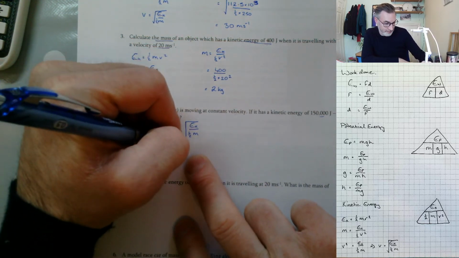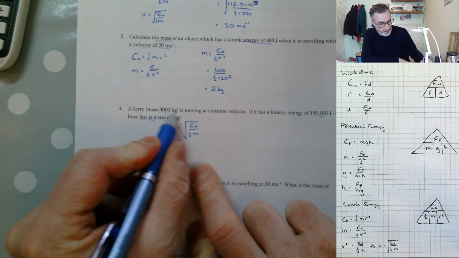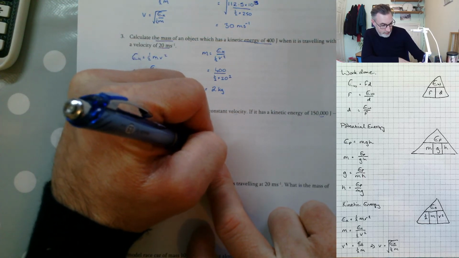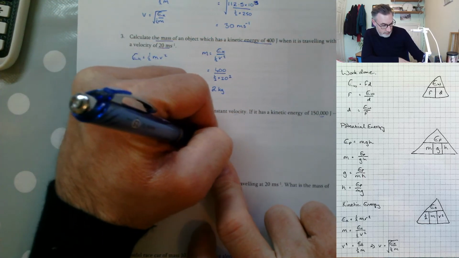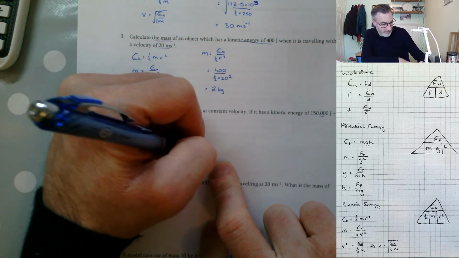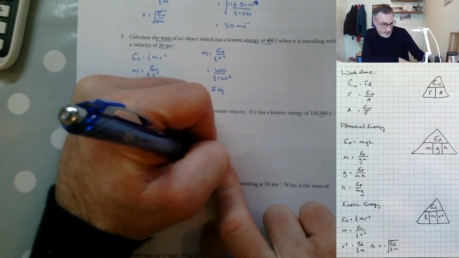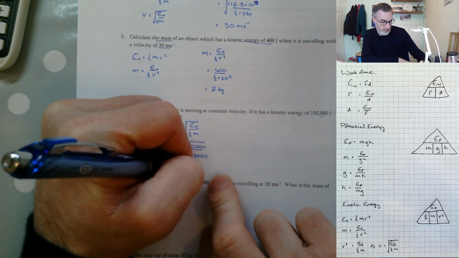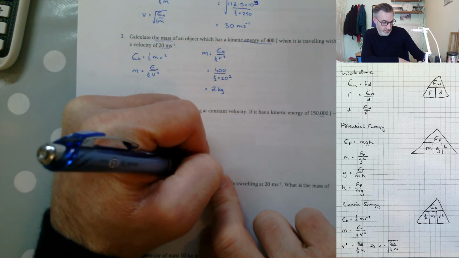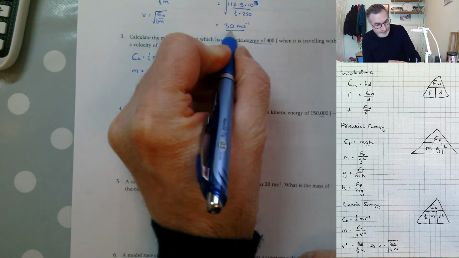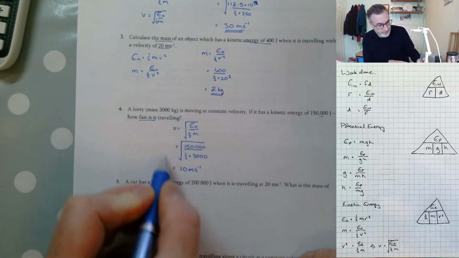So we have 150,000 joules over half times 3,000. And that will give us 10 meters per second.